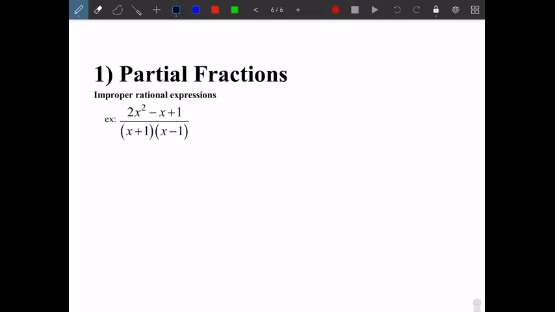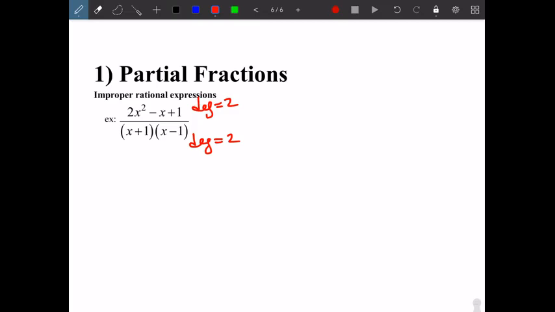I'm going to tell you basically what that consists of. You'll notice here the numerator has degree 2 and the denominator has degree 2, so that's an improper fraction. Being improper, and knowing that partial fractions are proper, the sum of proper fractions cannot lead to an improper fraction.